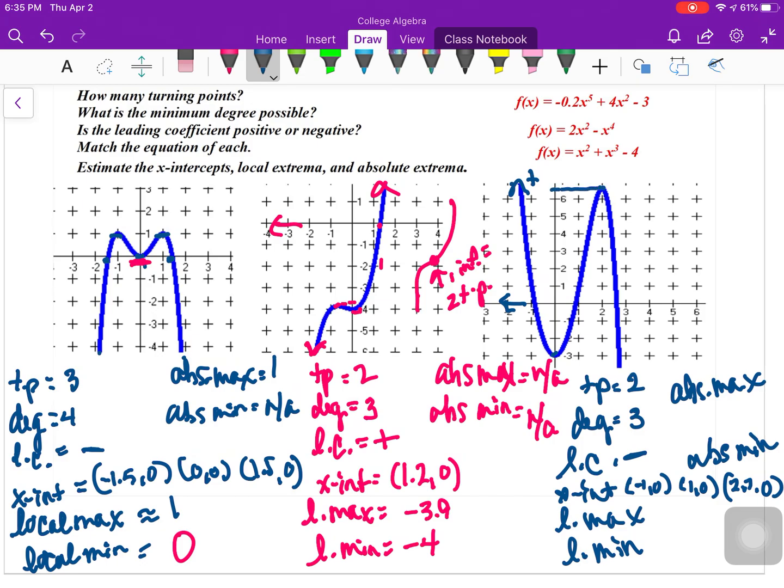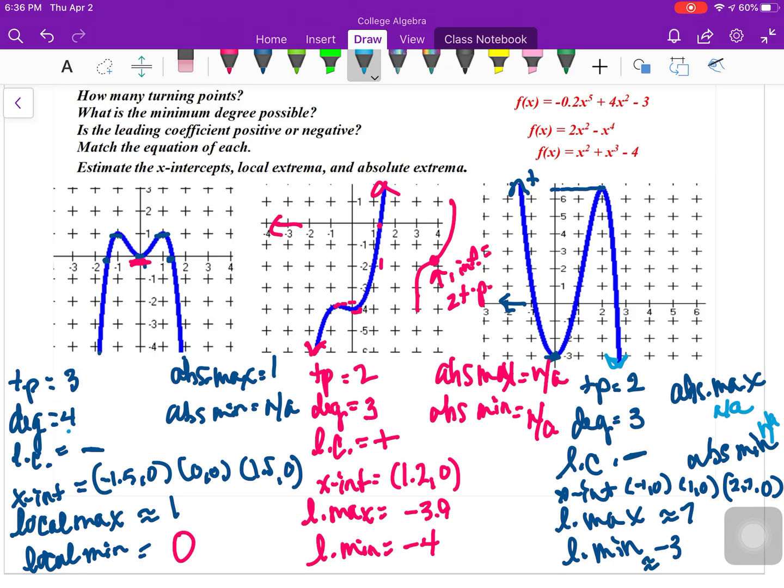Local max. Looks like it reaches a maximum right here at about 7. Local min right here at about negative 3. Absolute max, not applicable. So it goes off the graph. Absolute min also goes off the graph, so also not applicable.